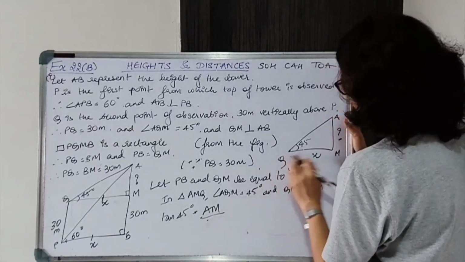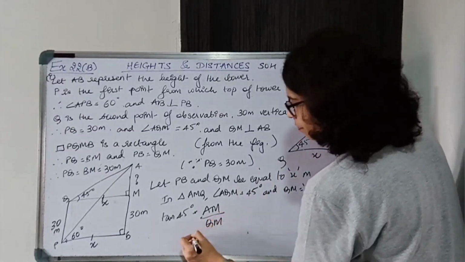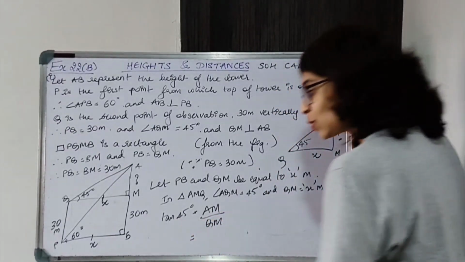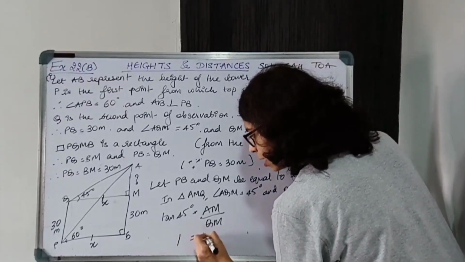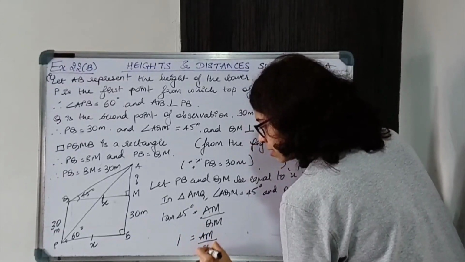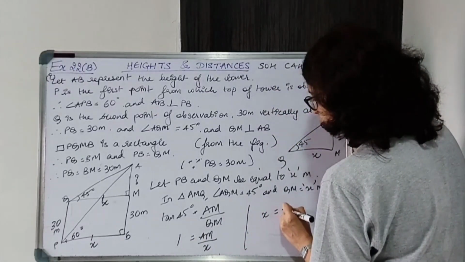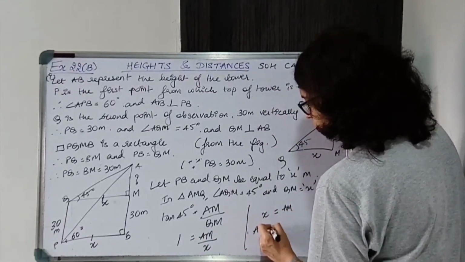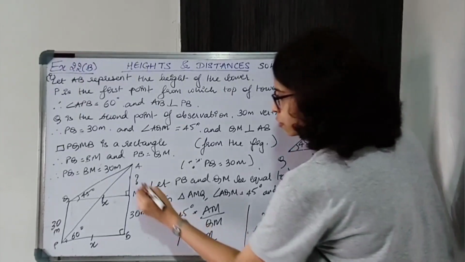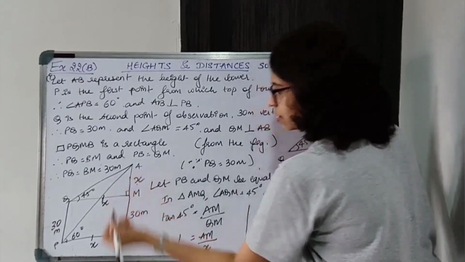First write down the adjacent side का name. ठीक है, तो QM है. tan 45 is 1, AM upon QM is x. Shift this, so 1 into x is equal to x. So AM is equal to x meters. So this we got as x.